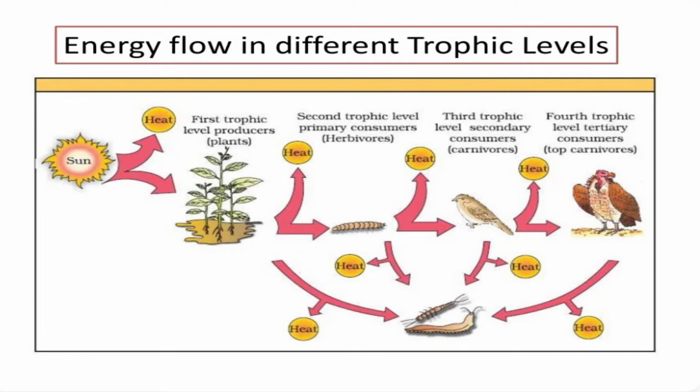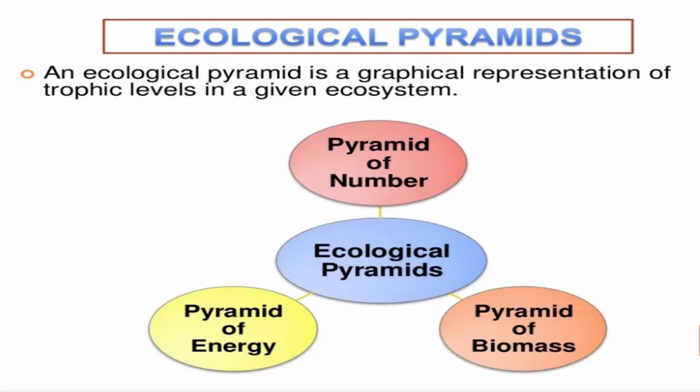The third trophic level are the carnivores, the secondary consumers. And the fourth is the top carnivores, the fourth trophic level, the tertiary consumers. So, an ecological pyramid is a graphical representation of trophic levels in the given ecosystem.